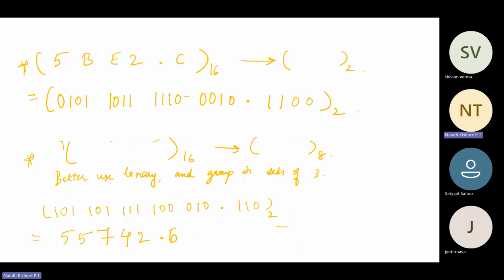Have we written it correct? So let me check 0, 1, 0, 1, and then 1, 0, 1, 1, then 1, 1, 1, 0, then 0, 0, 1, 0. Yeah.